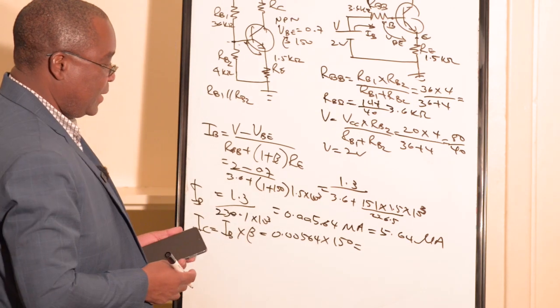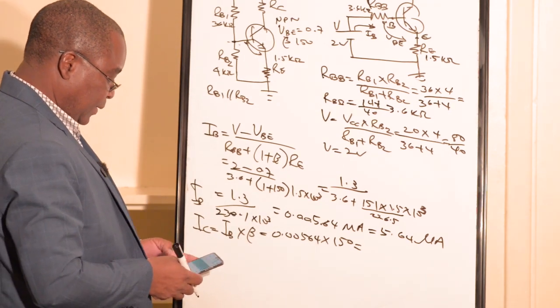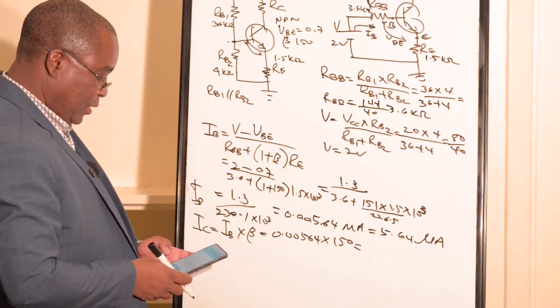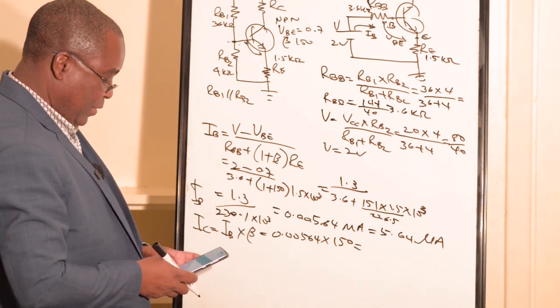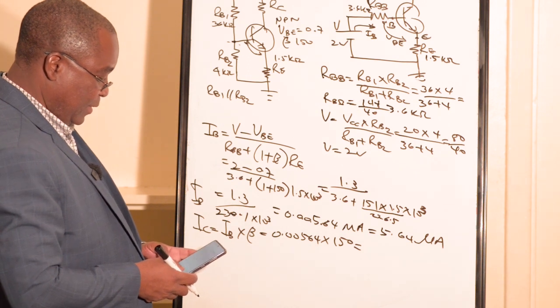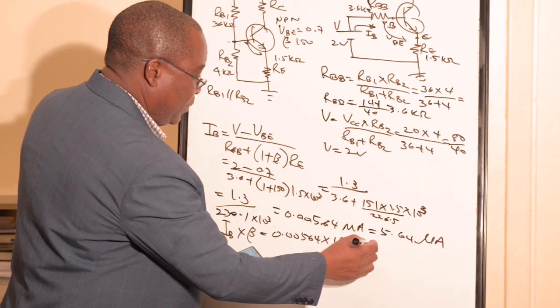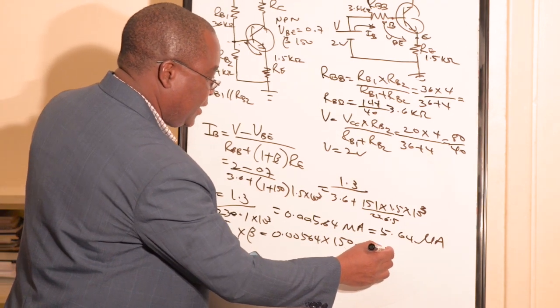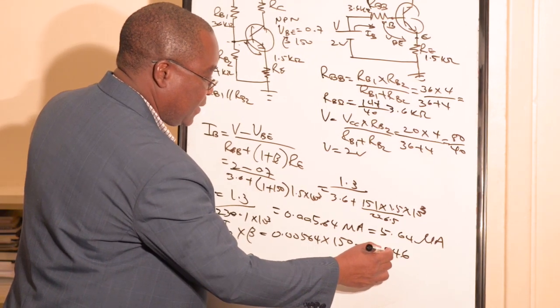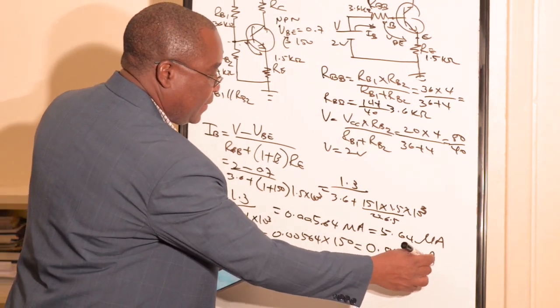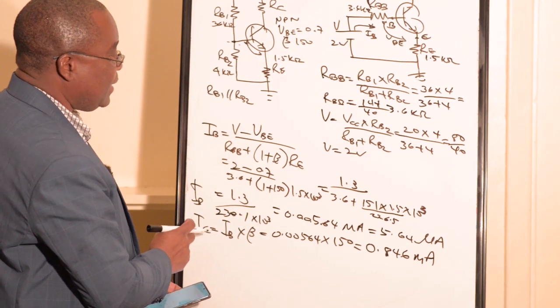So we have IC, we have our calculator again, 0.00564 times 150. We have 0.846 milliampere. This is our IC.